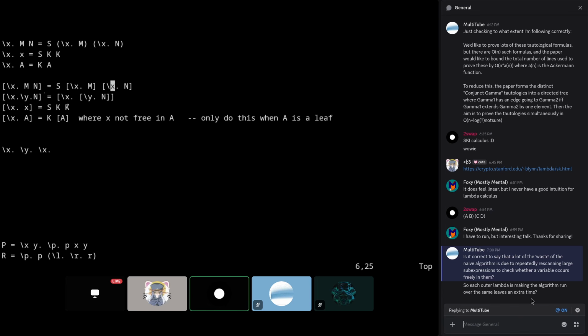Okay, at lambda x. Wait, is that a rule? That wasn't in the website you showed just a second ago.